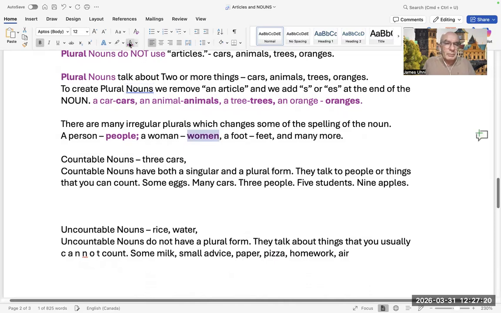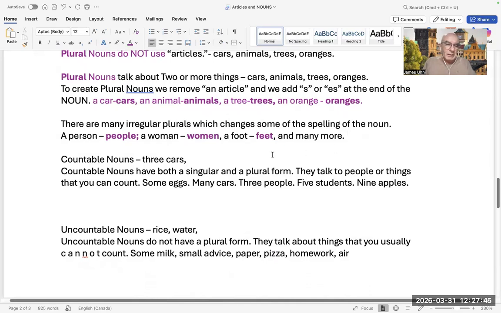Oops, and purple. Thank you. A foot, but feet is plural. Oops. Feet, purple, bold, and many more. As we progress in learning, you will learn them.